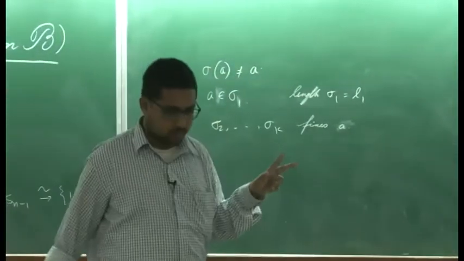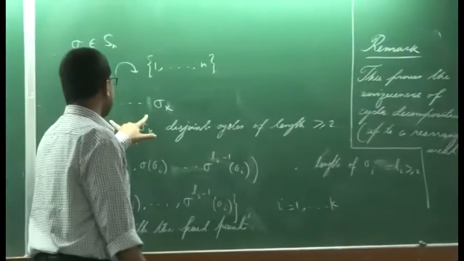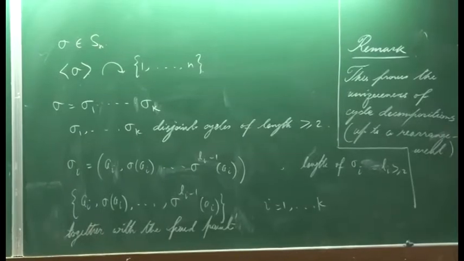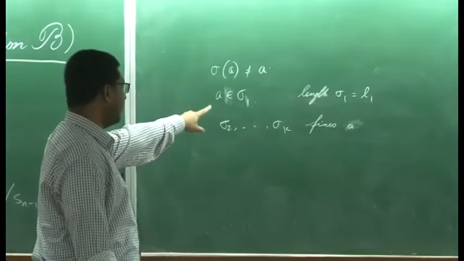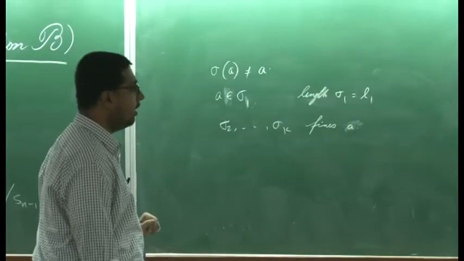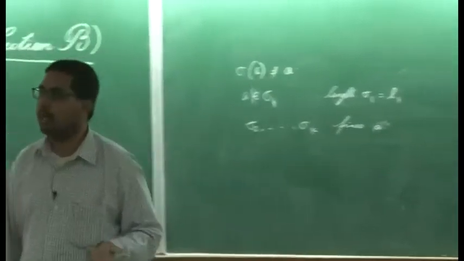Okay. So, therefore, it is quite clear that the stabilizer of this point a is the subgroup generated by sigma 1 up to sigma k.